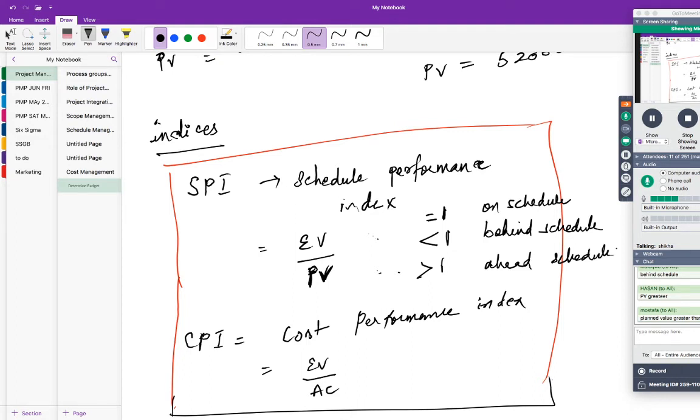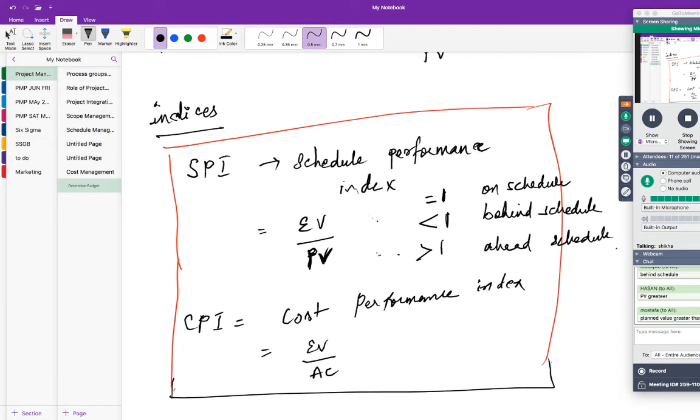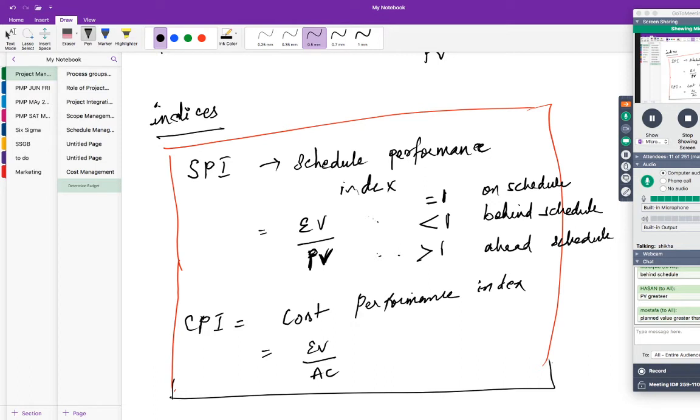You get that. Okay. So similarly, the same thing if you apply, it will be equal to 1 when the value of the work that you have accomplished is equal to the money spent for that work. Whenever you say the actual cost, what does it mean? Actual cost for the work performed.